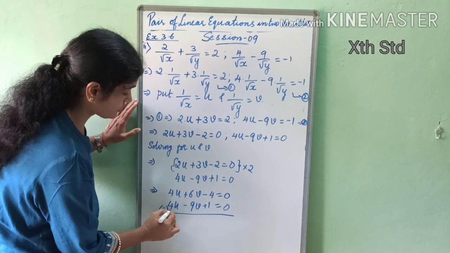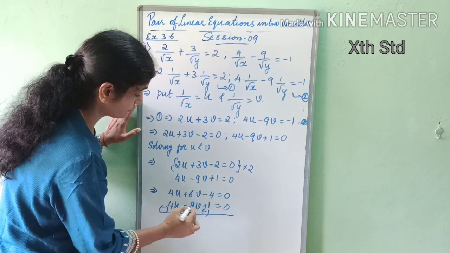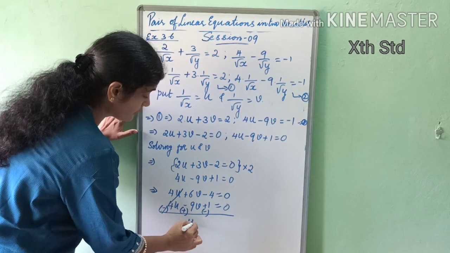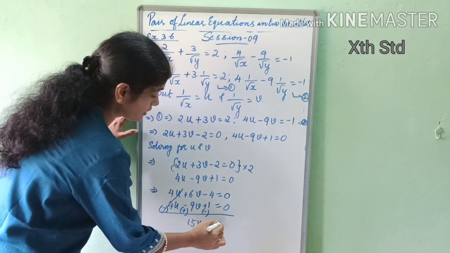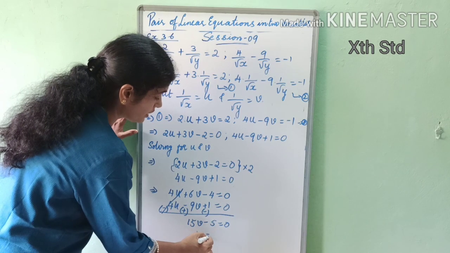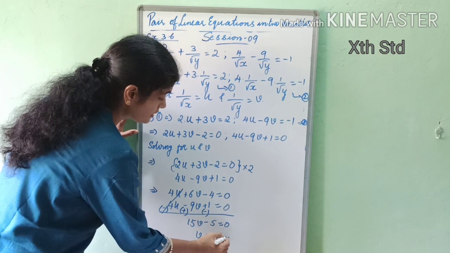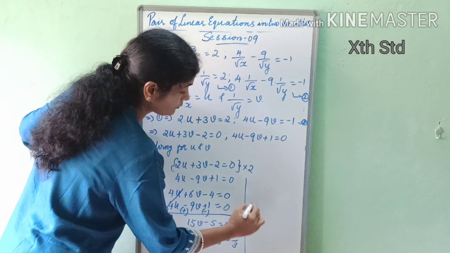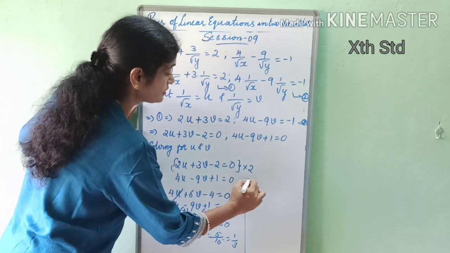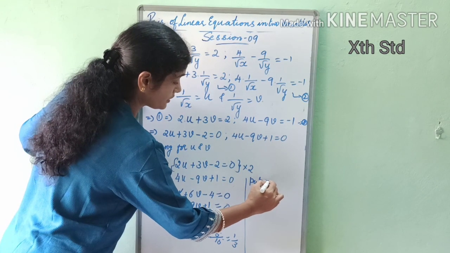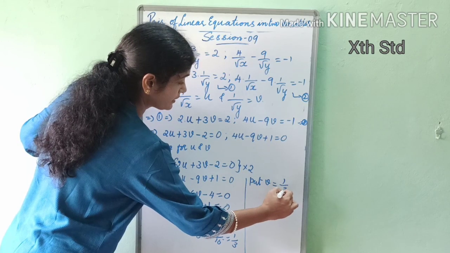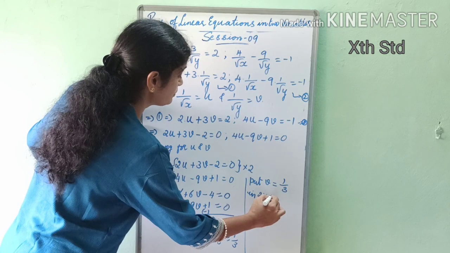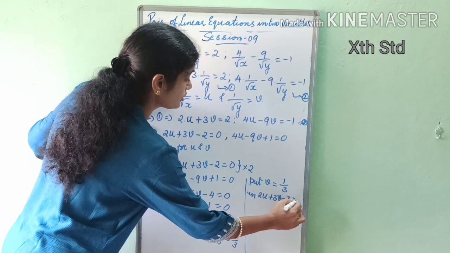Now do the subtraction. The 4u gets cancelled. 6 plus 9 is 15v minus 5 equal to 0. So v equal to 5 by 15, that is 1 by 3. Right. Then put v equal to 1 by 3 in 2u plus 3v minus 2 equal to 0.